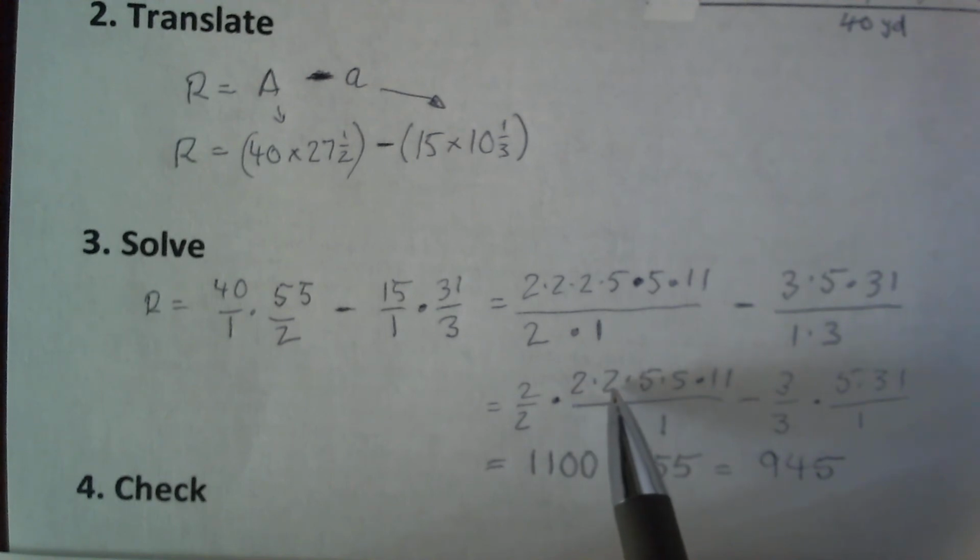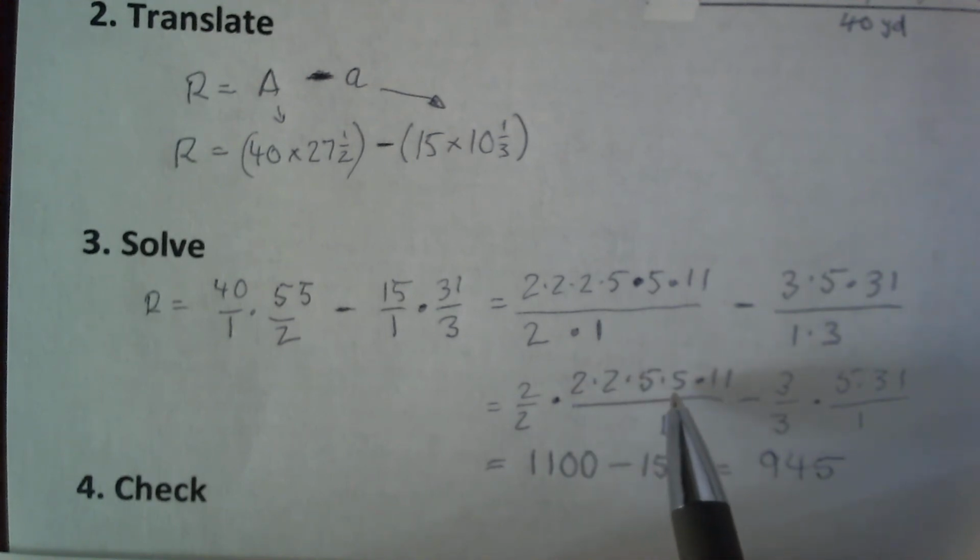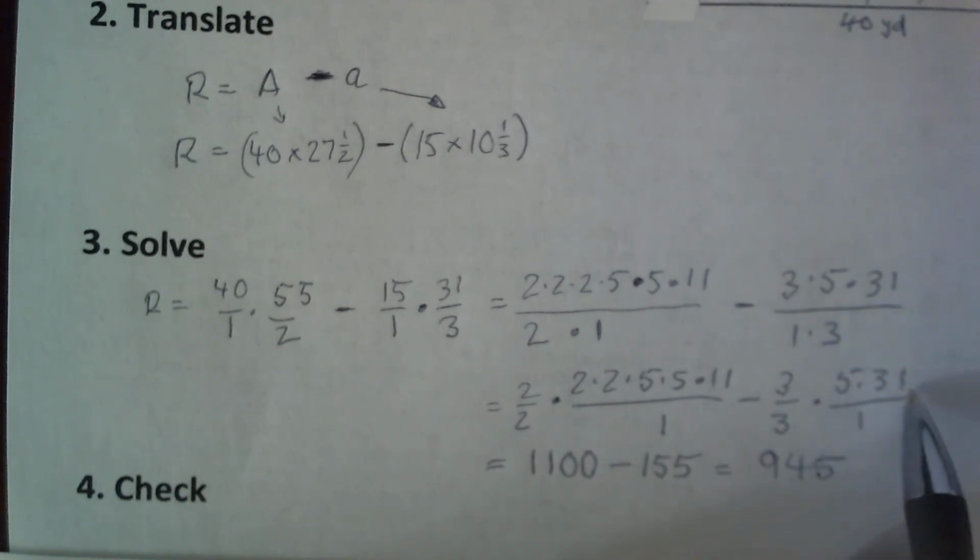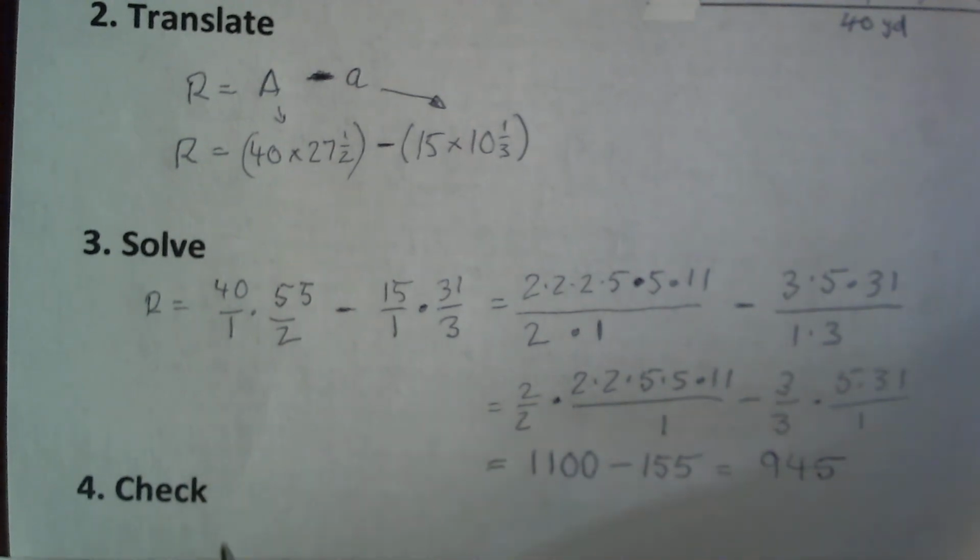So 2 times 2 is 4, and 5 times 5 is 25, that's 100. 100 times 11 is 1,100, minus 5 times 31, or 155, so 945. So we checked that, we recalculated. All checks.